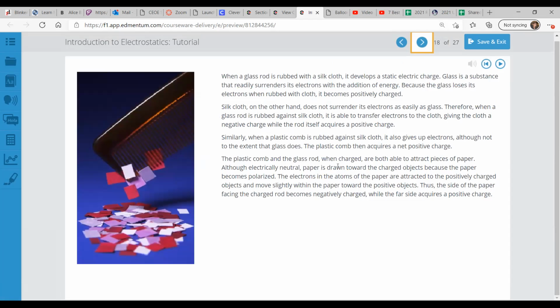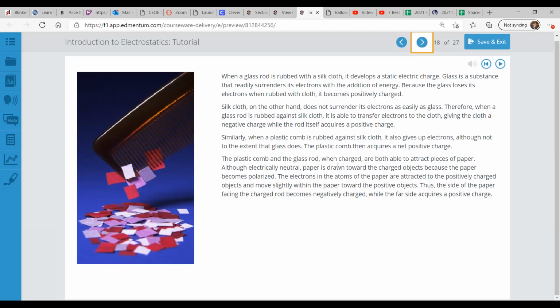When a glass rod is rubbed with a silk cloth, it develops a static electric charge. Glass is a substance that readily surrenders its electrons with the addition of energy. Because the glass loses its electrons when rubbed with cloth, it becomes positively charged.